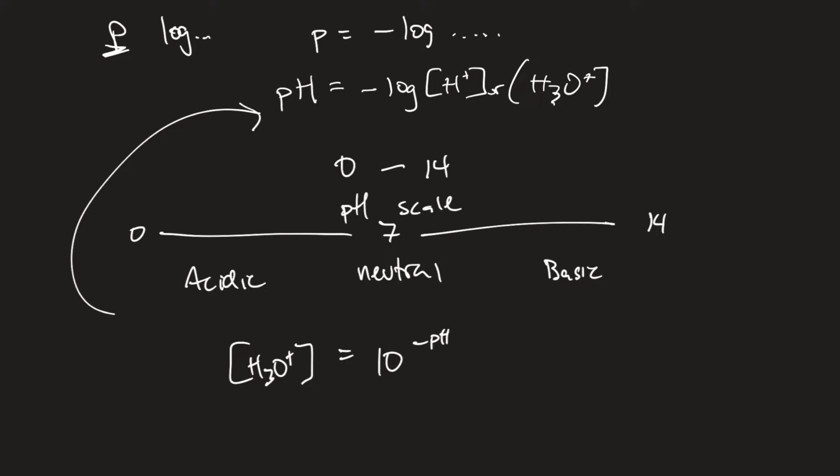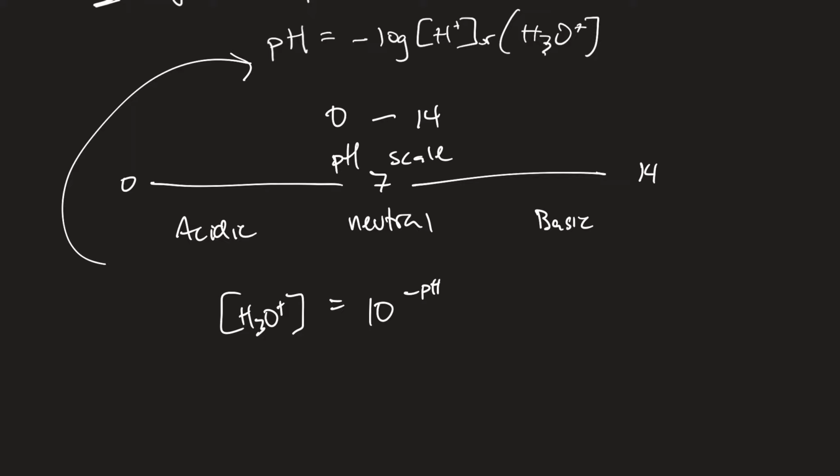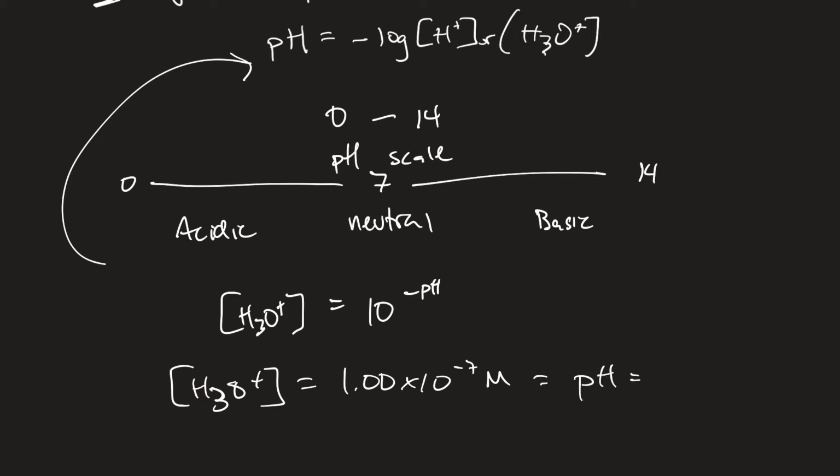This simply means that if you have H3O and you find that the concentration is 1.00 times 10 to the negative 7 molarity, then the pH of this substance is 7, and we know that this is neutral.